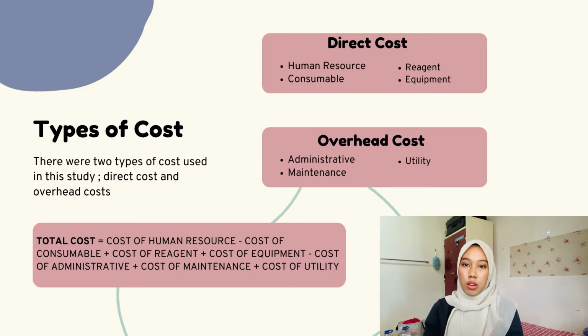For utility costs, these costs include the cost of the use of electricity, water, telephone, and facsimile in the year. Cost was estimated using this calculation. Total cost equals cost of human resource plus cost of consumable plus cost of reagent plus cost of equipment plus cost of administrative plus cost of utility.